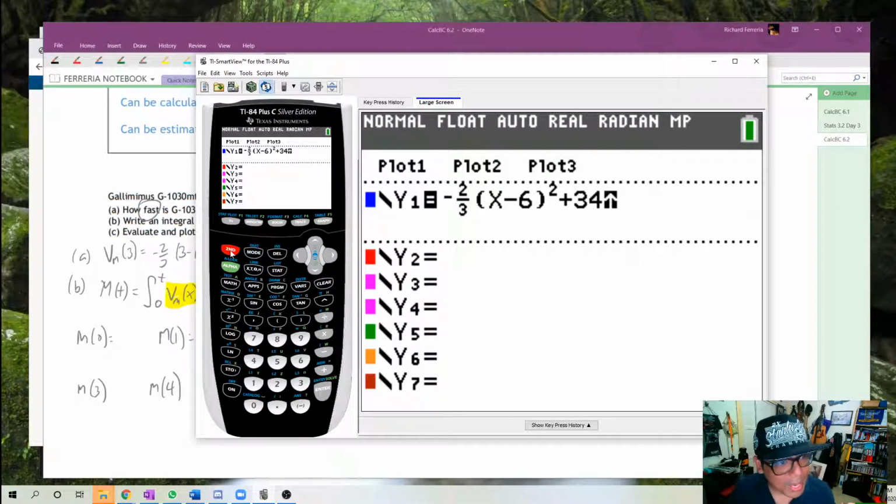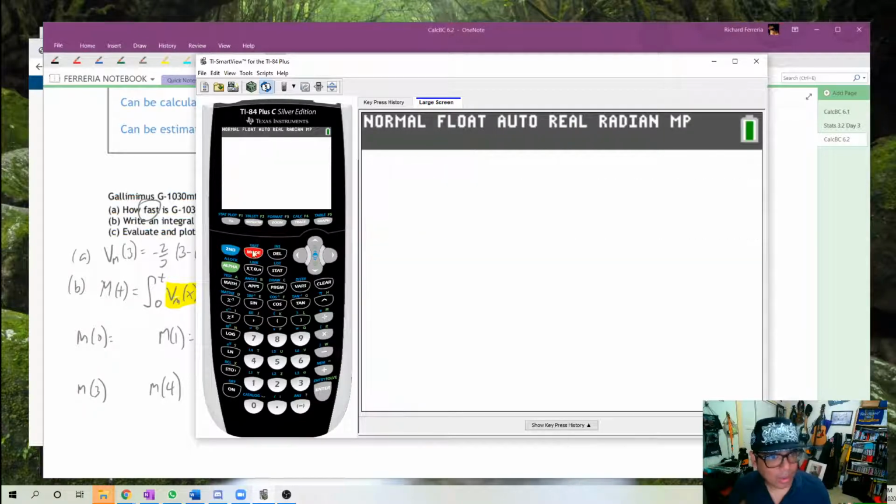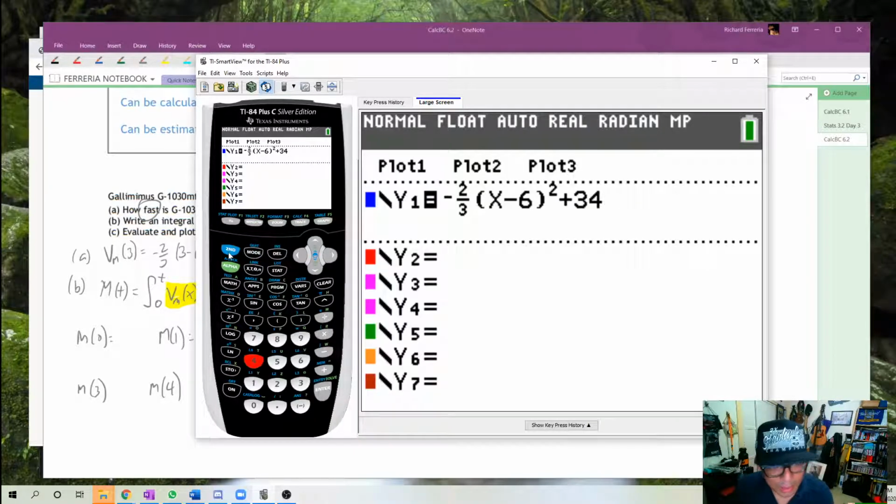Okay, there's Vm in my Y1. Back to the home screen. I think I messed up, there was definitely a slip up there. But here's my Y equals. Quit to the home screen.